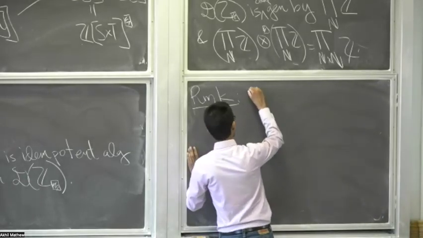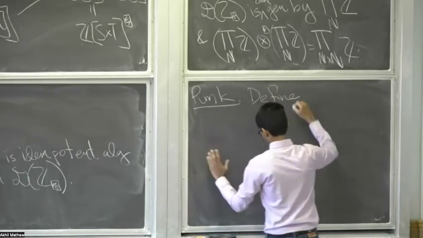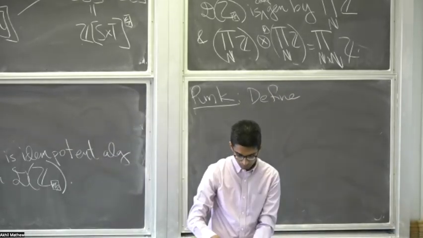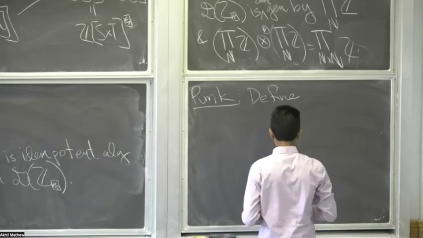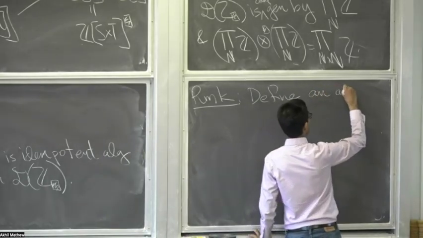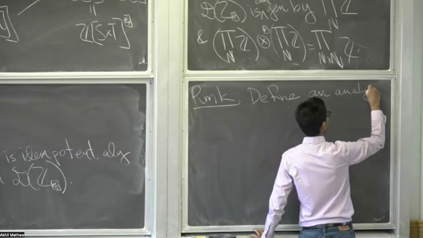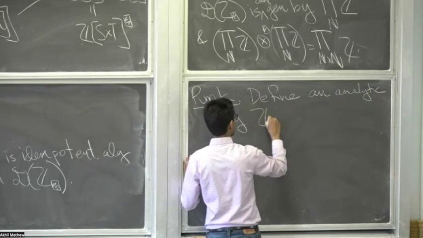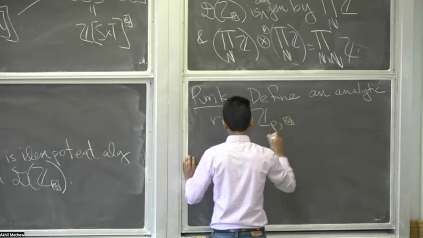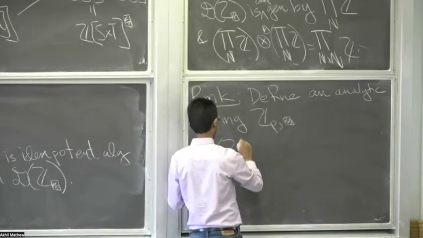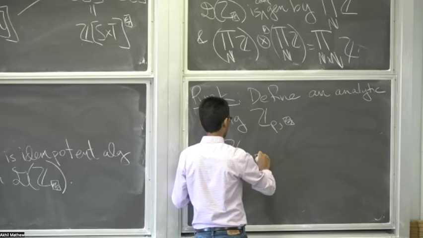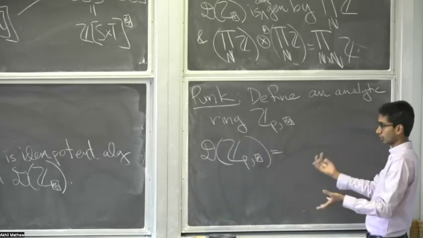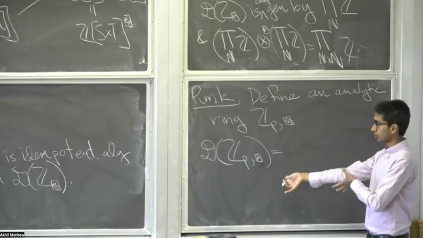So define Z_p solid as an analytic ring. There's not really any new information. It's just putting modules in D(Z solid) over Z_p.